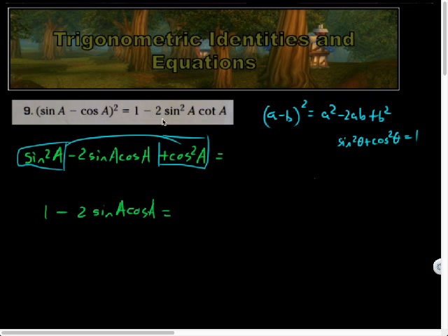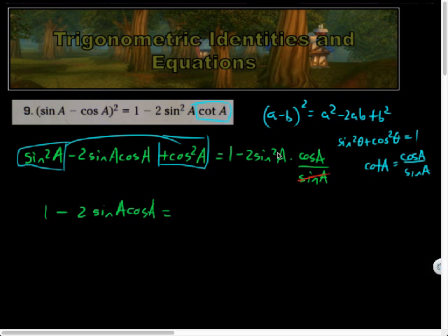Let's see, what about the right-hand side? Like I said a moment ago, I'm going to switch this out for its quotient identity, because I know that cotan A is equal to cos over sine. So I'll have 1 minus 2 sine squared A multiplied by cos A over sine A. Let's see what cancels out there.